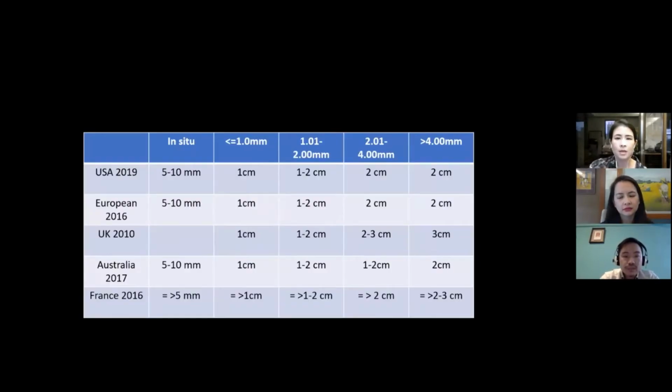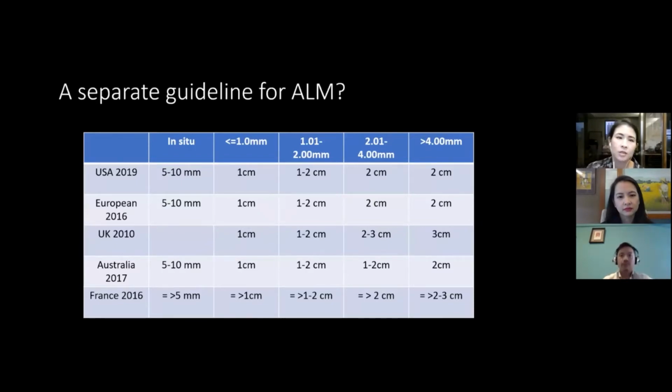There is a current guideline for the standard excision of melanoma, but there is not a separate guideline for acral lentiginous melanoma. Because we often follow the United States guidelines, even for melanoma thickness above 4 millimeters, we only use 2 centimeters.